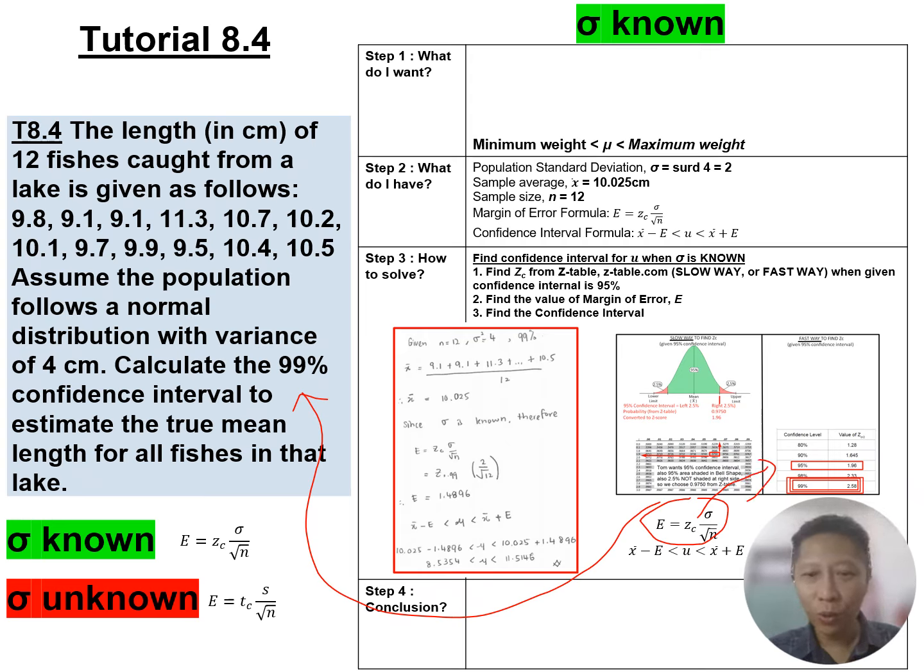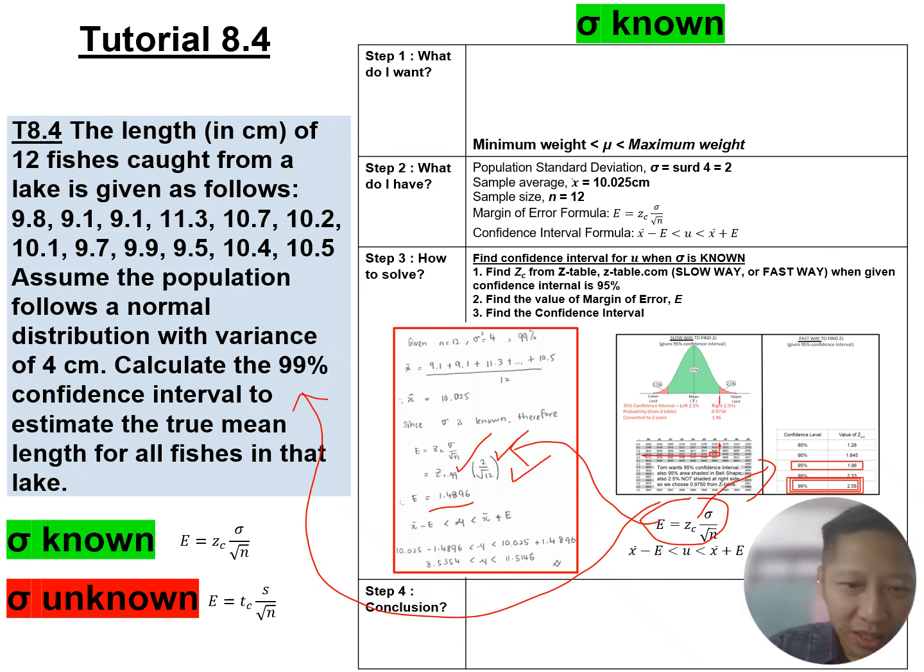We plug all the numbers into the formula: the population standard deviation 2 divided by the square root of 12, times the Z critical when the confidence level is 0.99. So at the end, our E equals 1.4896.